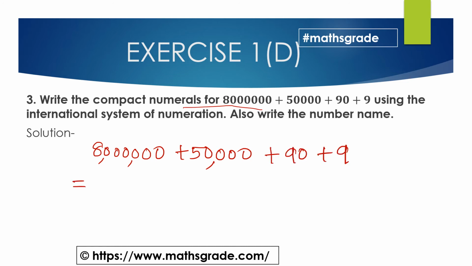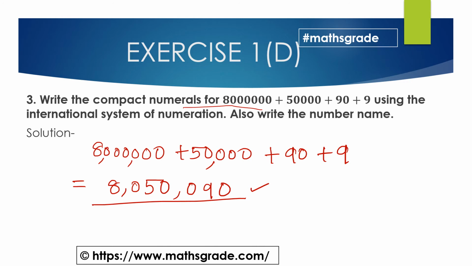So it will be 8,0 5 0, 0 9 0, and we have to add these numbers.